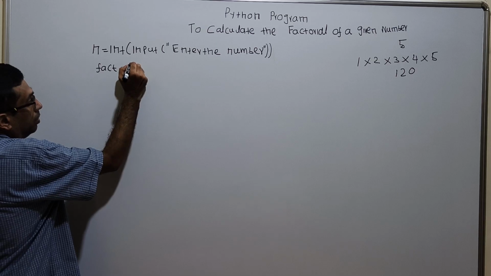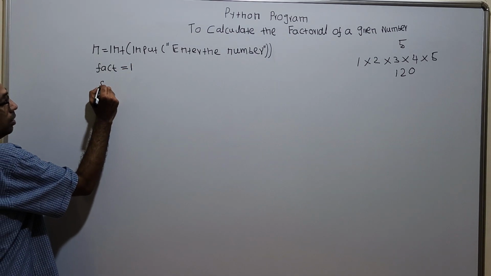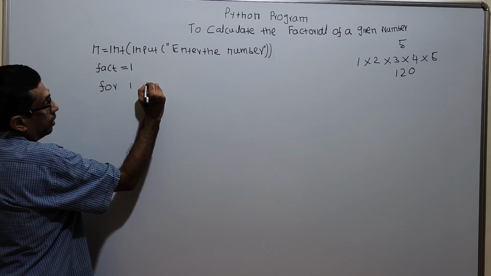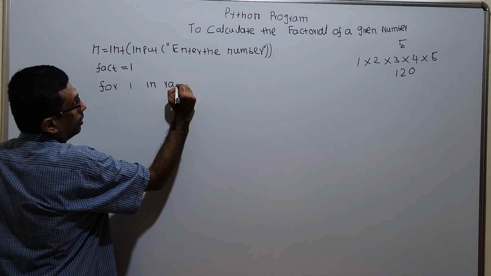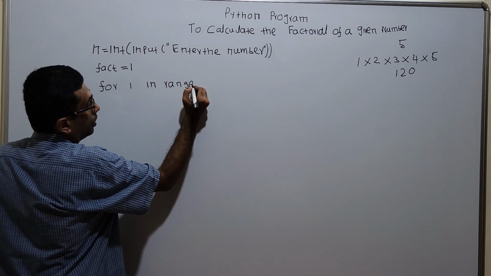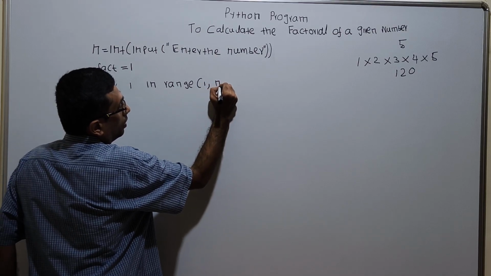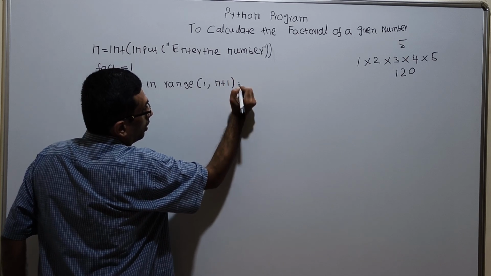Now I am initializing a variable fact equal to 1. I am writing a for loop: for i in range of 1 comma n plus 1 colon.